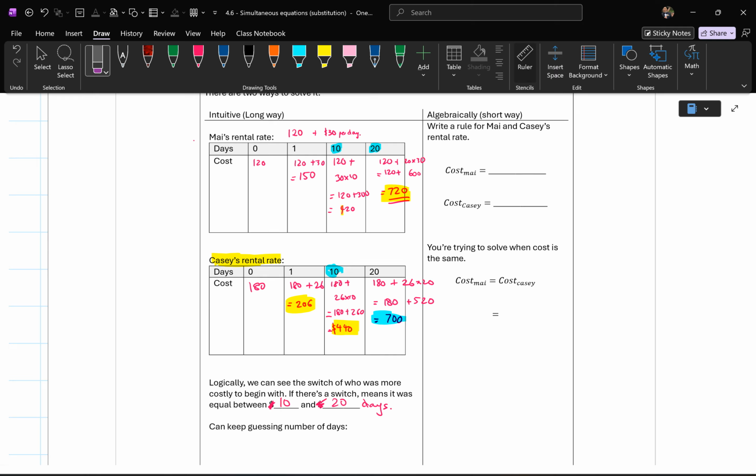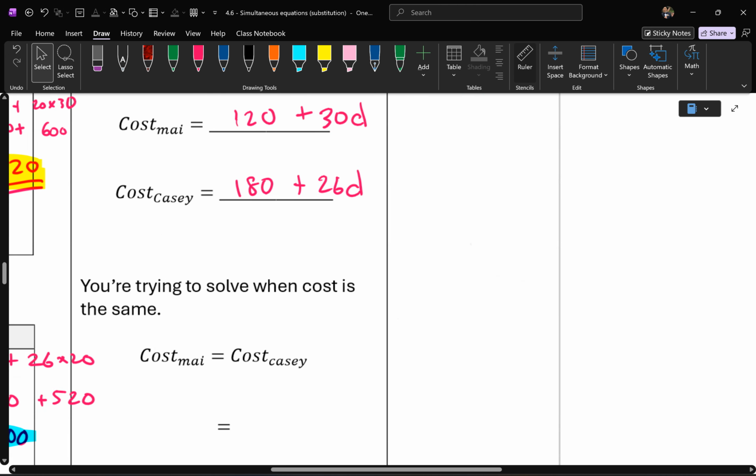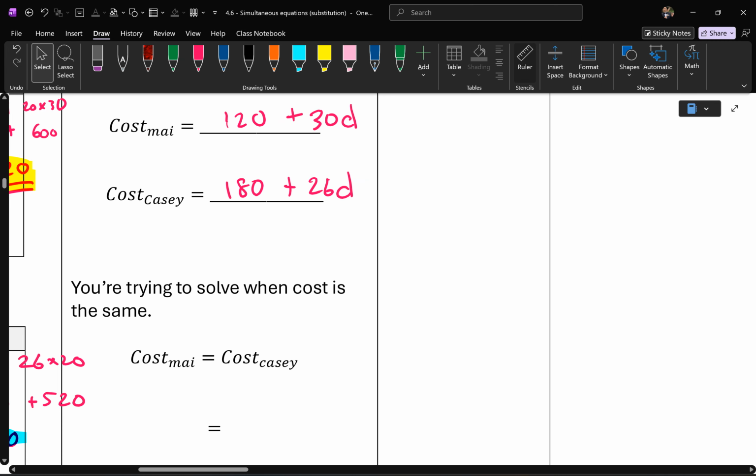So here, same idea. Cost for My was $120 up front plus 30 times the number of days, versus Casey, $180 up front, $26 per day. If we now solve this problem, this is very similar to what we were doing before.